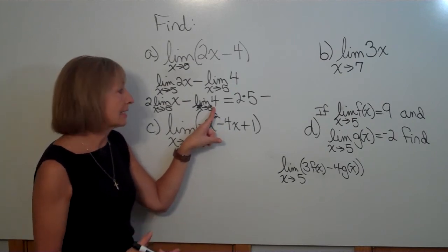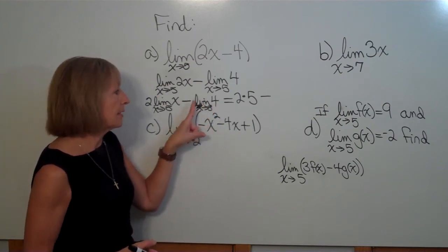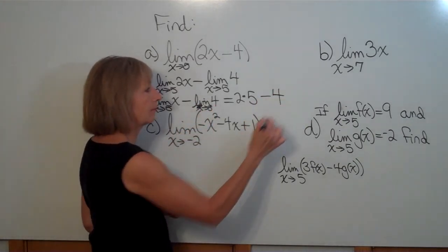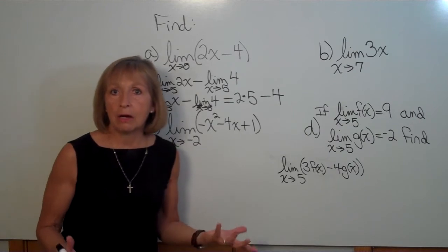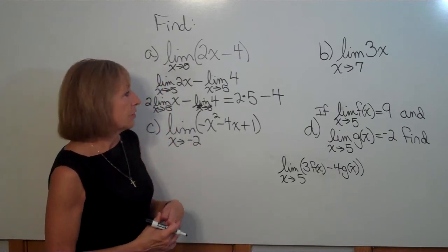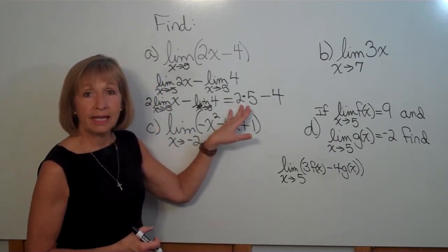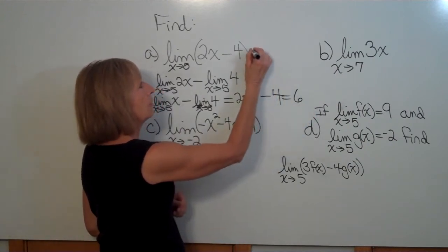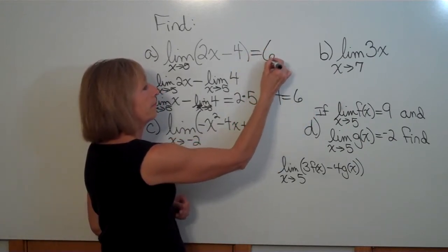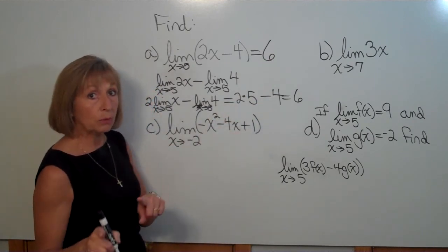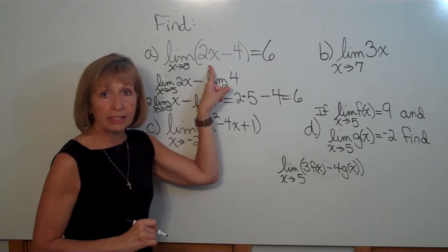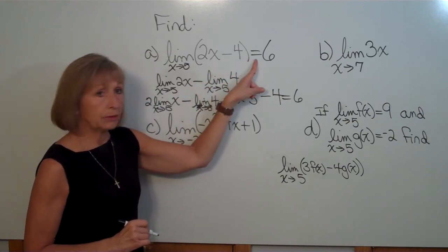It's just a constant value. So the limit as x approaches 5 of 4 is the number 4. Now we're going to use our order of operations. So we've got 2 times 5 is 10, subtract 4 gives me 6. So this gives me a limit of 6. And I want to write the limit as x approaches 5 of this quantity, 2x minus 4, is equal to 6.